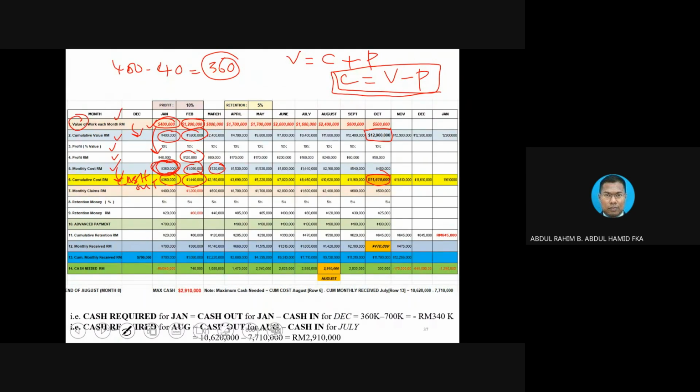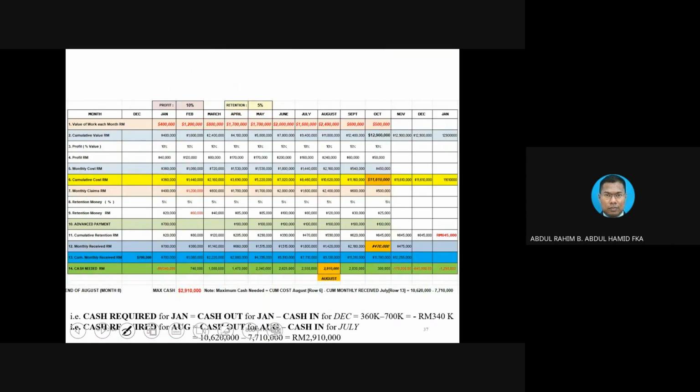Okay, now monthly claim. Let me erase this thing first. Okay, row number 7, monthly claim. You notice that the monthly claim is 400 and all the values are basically the same. So that's why row number 7, you can even continue from row number 2 if you understand the concept.